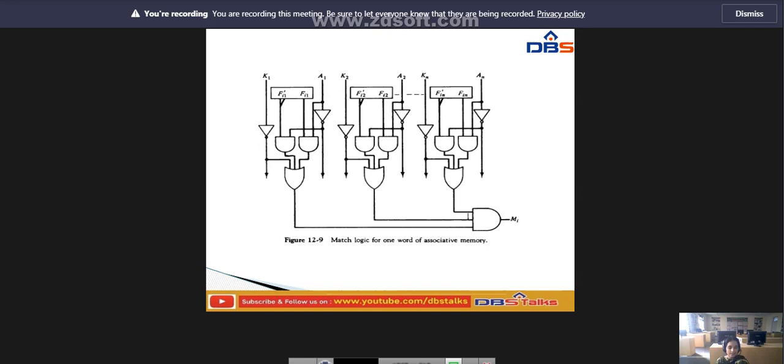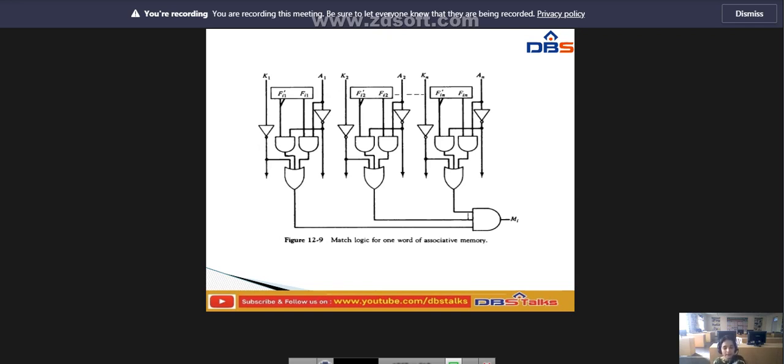It is then necessary to scan the bits of the match register one at a time. The matched words are read in sequence by applying a read signal to each word line whose corresponding Mi bit is a 1. Up to this is the read operation.